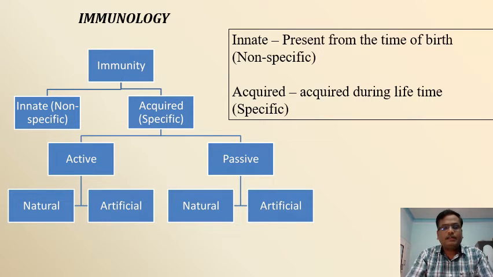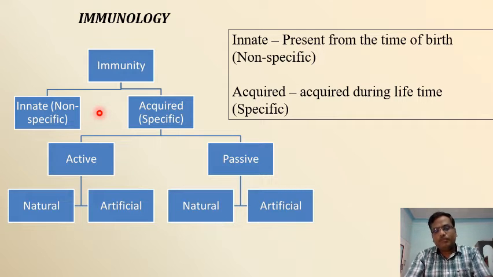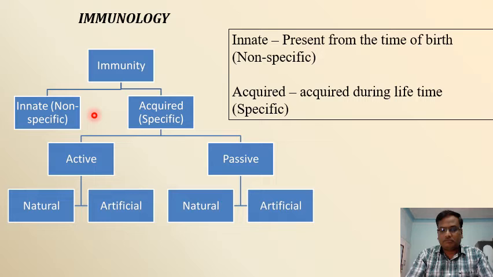And this acquired immunity is different from person to person because it develops due to the infection. So whatever the infection, against that the person develops acquired immunity. And in acquired immunity we have active and passive.